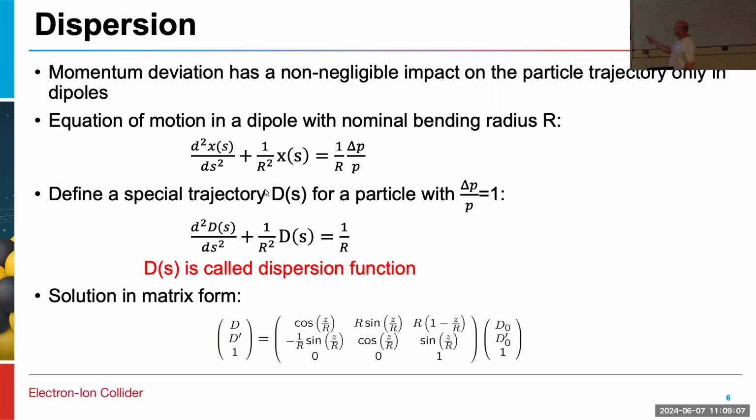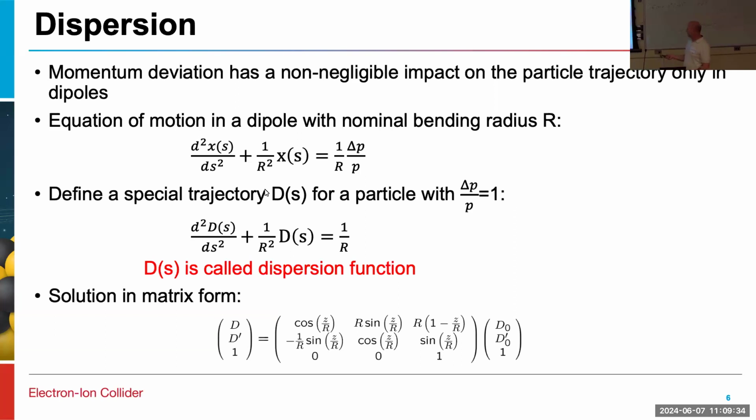So a dipole does something there, and the resulting closed orbit that you get through the machine for a particle with a delta P over P of 1, so the momentum is off by a factor 2, right? That is called the dispersion function, which is nothing but the trajectory around the machine.